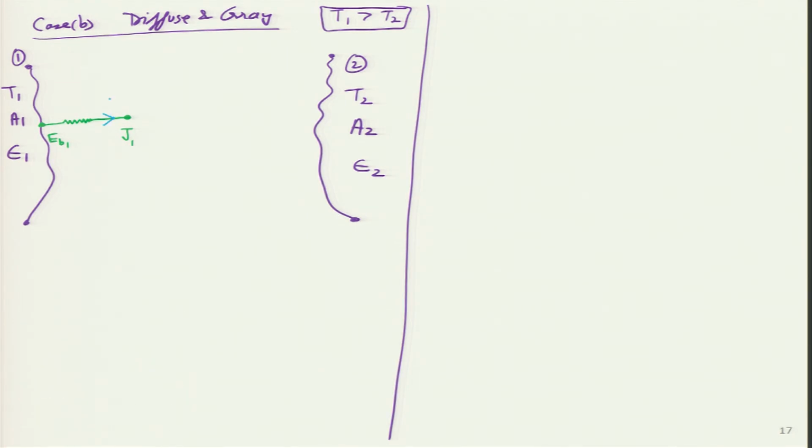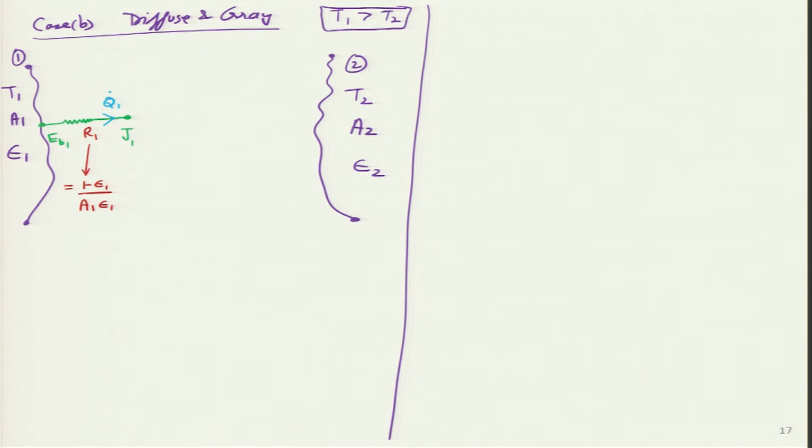That current name I already know is Q dot 1, and I also know this resistance over here, I will call it R1, which is the surface resistance R1. Its value is equal to 1 minus epsilon 1 divided by A1 epsilon 1.